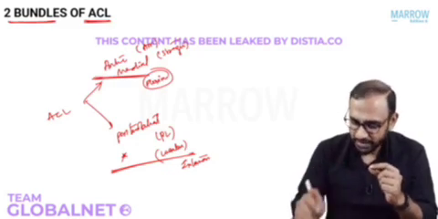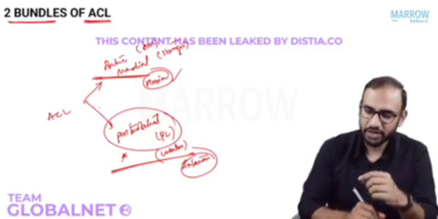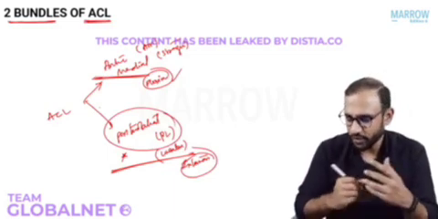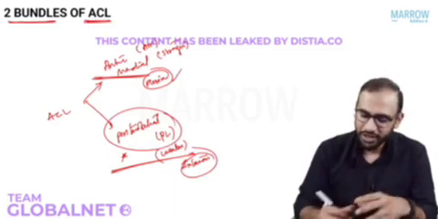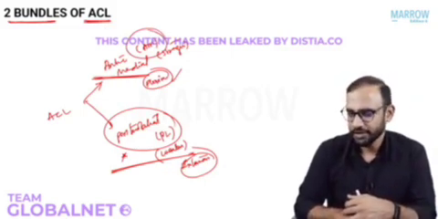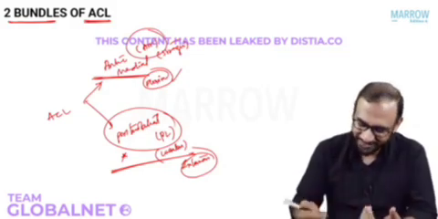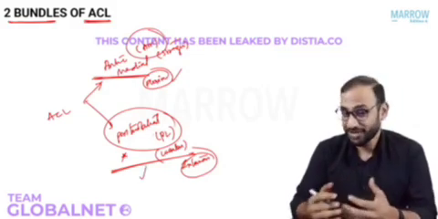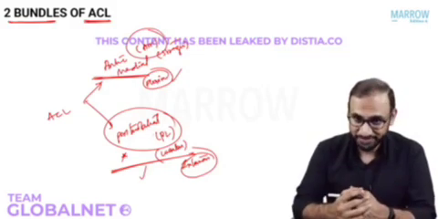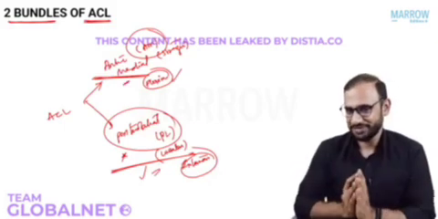If it's only in extension but not in flexion, you will think that the posterolateral bundle is torn. If it's only in flexion and not in extension, you will think that anteromedial bundle is torn. But whenever there is an ACL injury, the first bundle to injure will be posterolateral bundle, because anteromedial bundle is a stronger bundle. If it is injured, then obviously posterolateral bundle will also be injured.